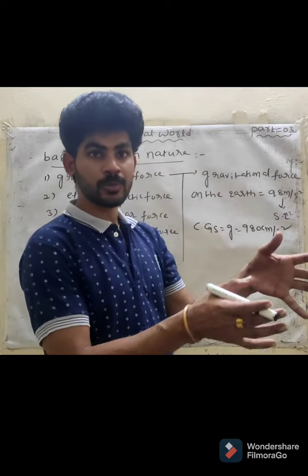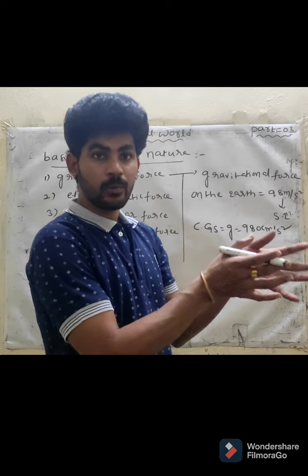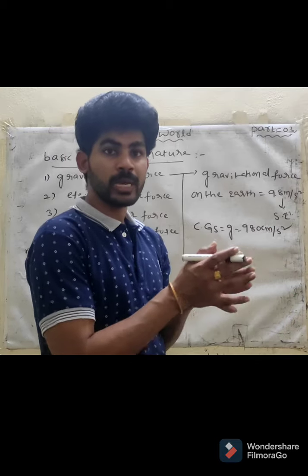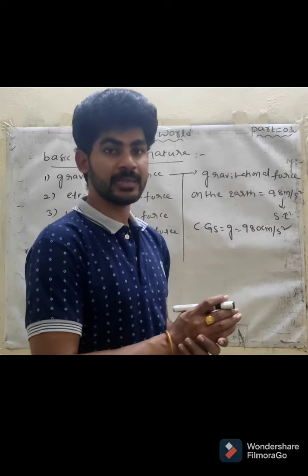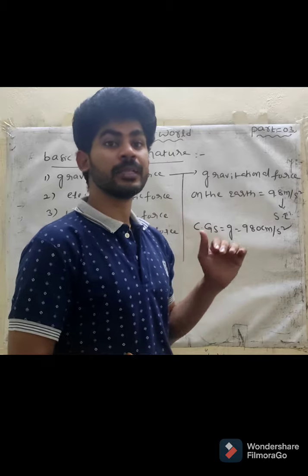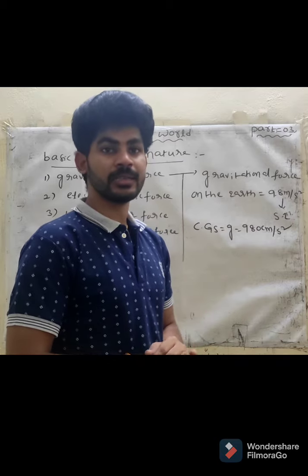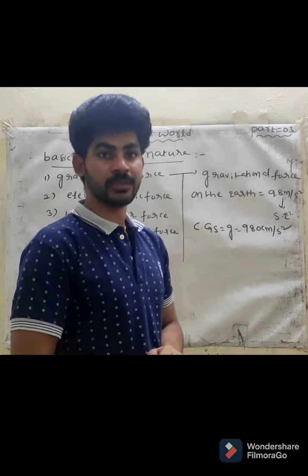Now, suppose the earth's satellite is the moon. Moon gravitation is different, the moon radius is different. Moon gravitation is 1/6th part of the earth's. Mars gravitation is different, sun gravitation is different, Mercury gravitation is different.